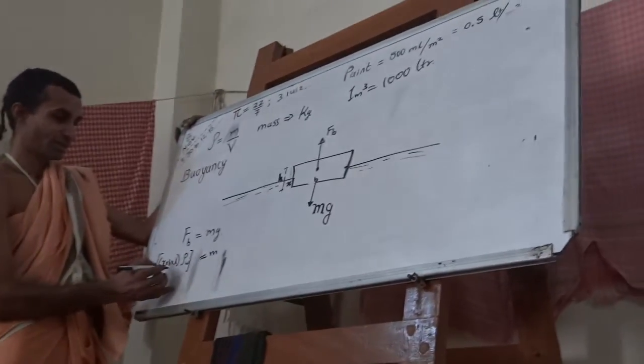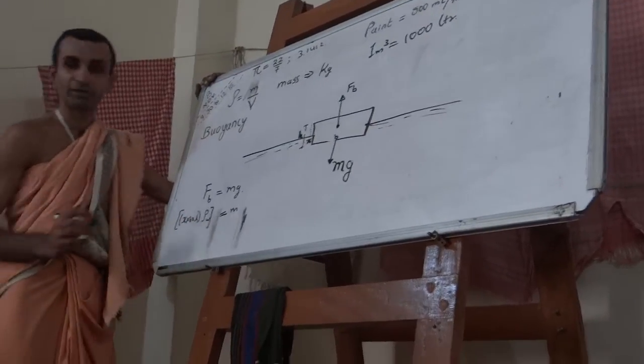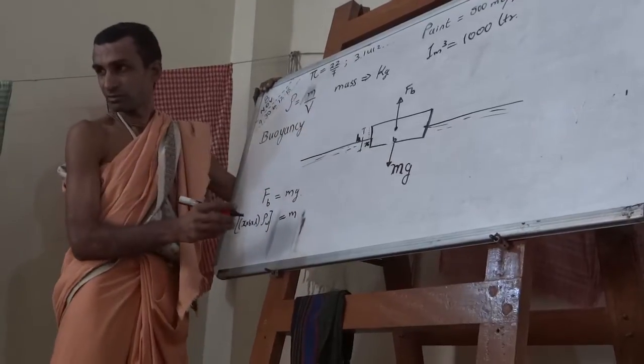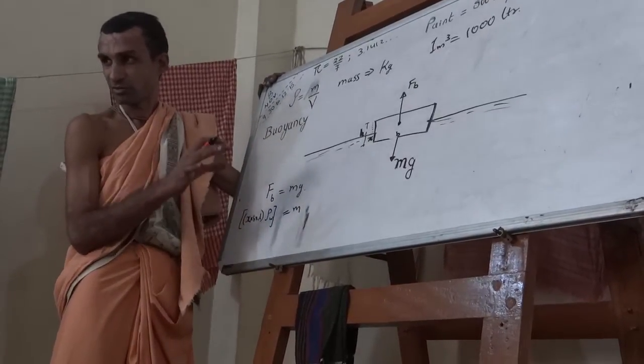So this M is rho W x BL. This M is the total mass of the boat.